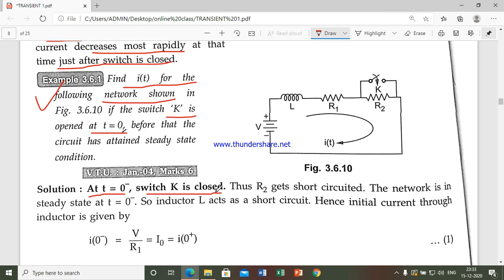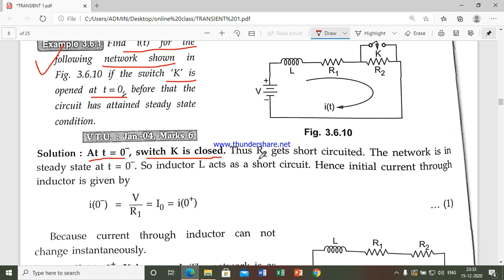They are telling us that switch K is closed at 0 minus, thus R2 gets short circuited. Here you can see that R2 gets short circuited, meaning all the current flows through this switch only. The network is in steady state at t equal to 0 minus, so the inductor L acts as a short circuit.